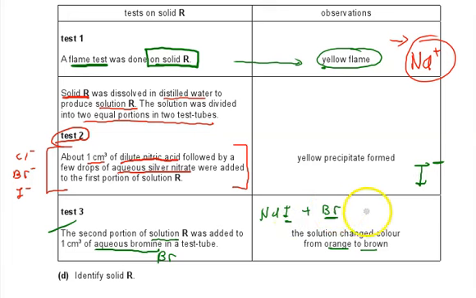So what happens is you will have a displacement reaction there, so you will have iodine here. Since the displacement reaction is taking place, it's confirmed it is an iodide.